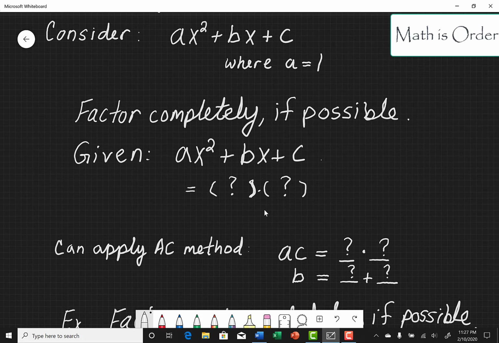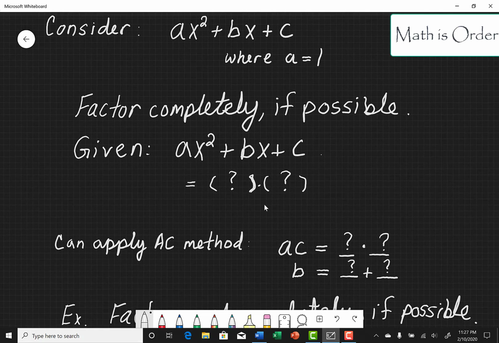In order to factor trinomials, it's common to use what's called the AC method, which means we multiply the coefficient of the squared term to the constant term, and then see if there are two numbers that multiply to give you that product and that also add up to the middle coefficient, the coefficient of the middle term.